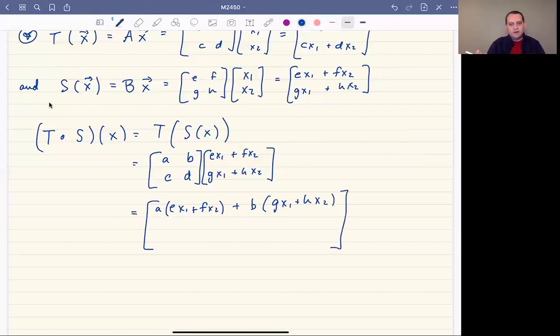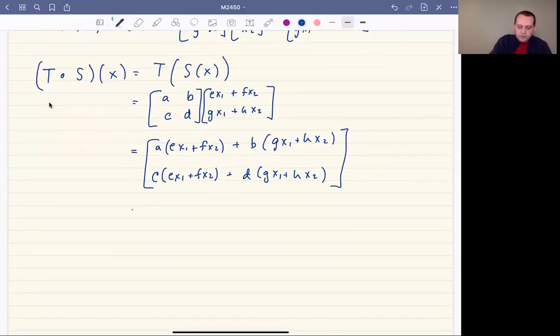And that's again going to be just a 2x1 matrix. So we're going to have 2 rows, 1 column. It's just now a really long column. So we're going to do the same with the bottom. We'll have C times EX1 plus FX2 plus D times GX1 plus HX2. Okay, so that's what that product is.